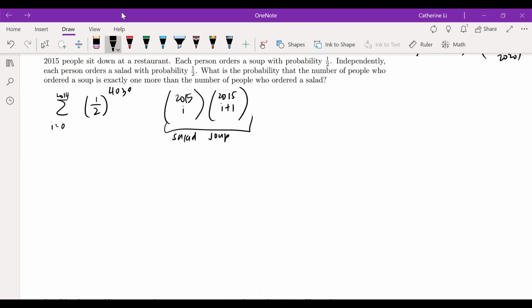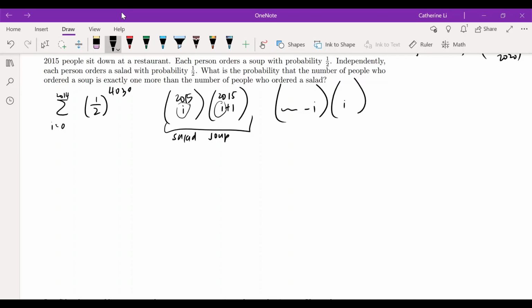And it's kind of annoying that we have I in both of these, because if we had something minus I in the bottom part and then something just I, like we're choosing something minus I and then we're choosing I from something, then we can multiply these and get a nice expression.